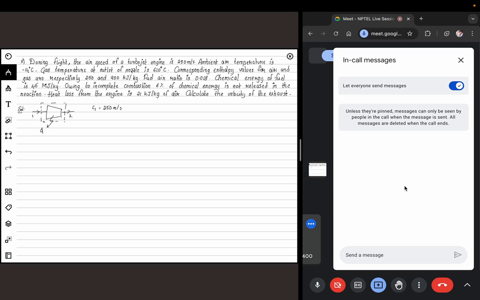So the engine is taking air from the ambient, so that will be your inlet temperature. You also know the exhaust temperature.